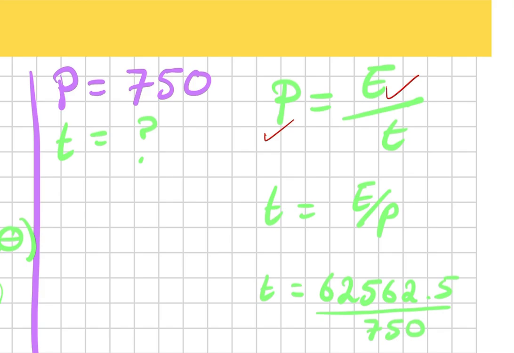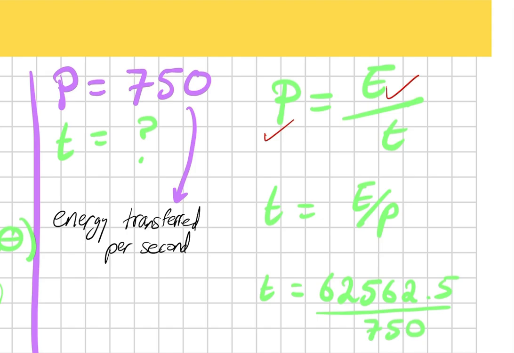Time could be in seconds, minutes, or hours. This goes back to our definition of what power is. Power is the amount of energy transferred per second. So its unit is watts, but watts actually mean energy per second.